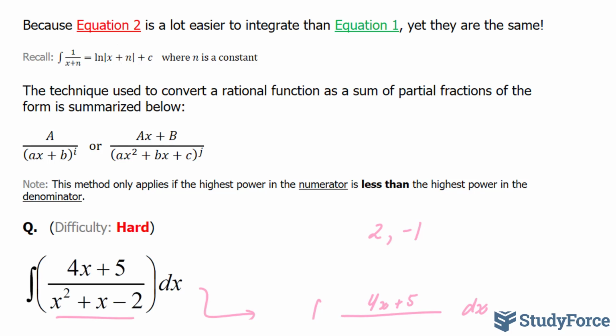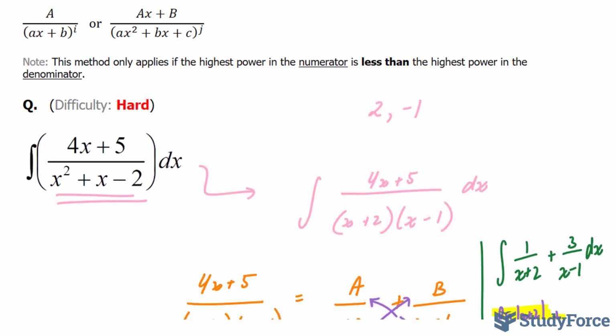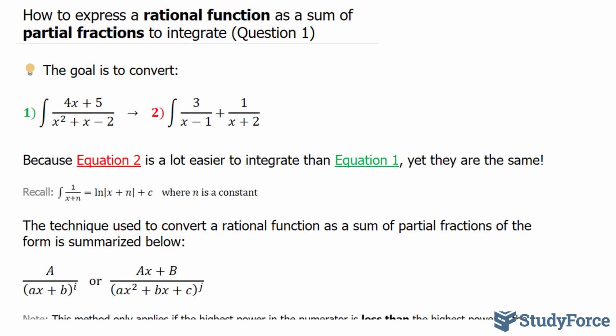So we have the integral of this is ln of the absolute value of x plus 2, plus 3 ln of the absolute value of x minus 1, plus c. I apologize if this is all crammed up on this side, but that right there represents the integral of the following function. And there you have it. That is how to express a rational function as a sum of partial fractions. Make sure to watch question 2 for another example.